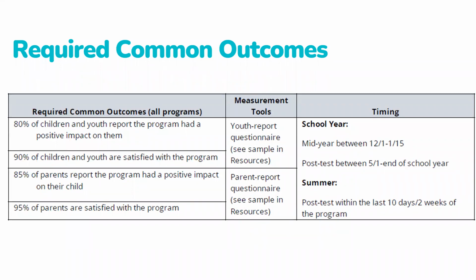And so that will be a required outcome. There is a questionnaire example in the resources that you can take a look at, but one of those required outcomes for all programs will be this participant impact survey outcome.